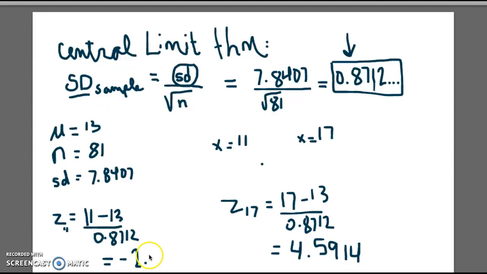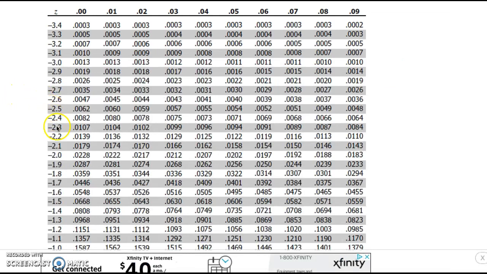Negative 2.2957, so it's approximately negative 2.3. So let's look that up in our chart here. Negative 2.30. So it's something like this, 0.0107.